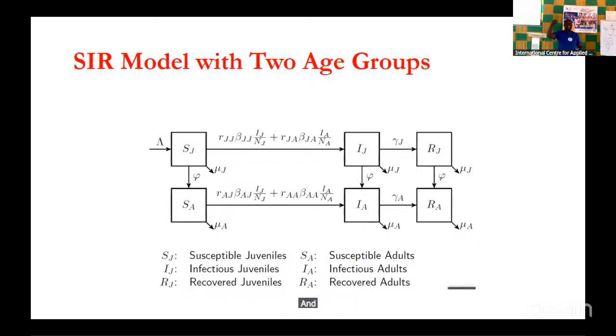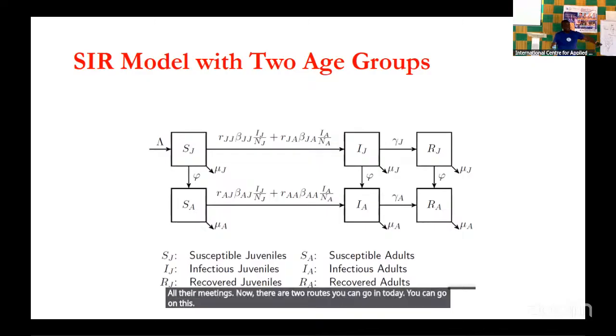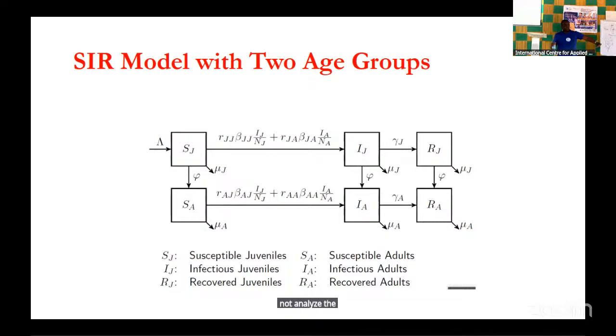The question you want to answer is the same as the model for which you have used math. They don't need all your mathematical guidance. All they need is, now there are two routes you can go in modeling. You can go analytical, where you use pure maths theory.